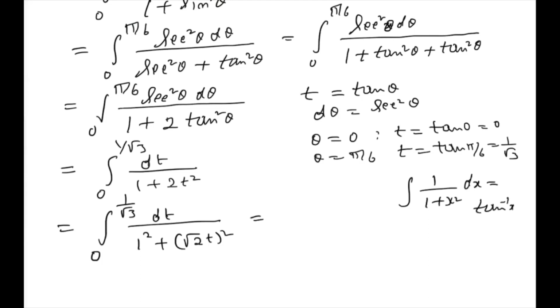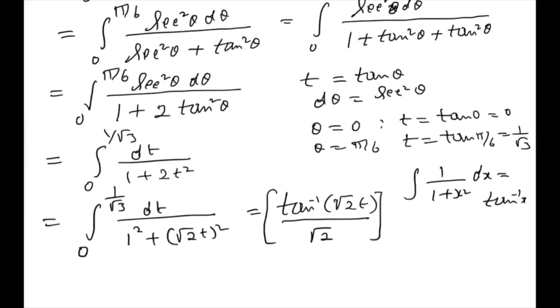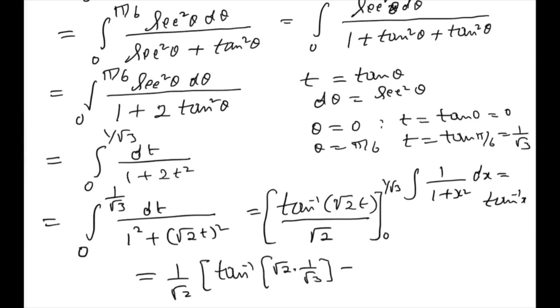So now this is tan inverse of root 2 t, but divided by the coefficient of t, which is root 2, between 0 and 1 by root 3. That is 1 by root 2 tan inverse of root 2 t, upper limit t is 1 by root 3, minus tan inverse of root 2 times the lower limit 0.